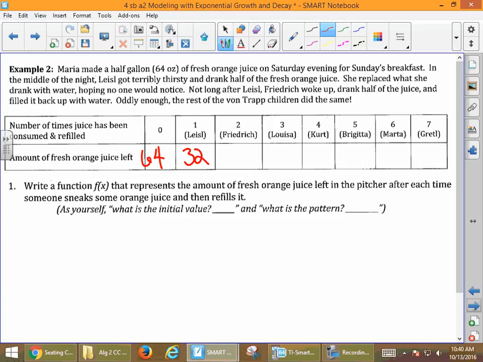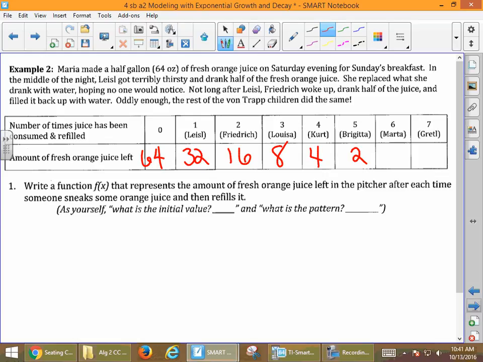And then how much is left after Friedrich drank the orange juice? 16. And how much is left after Louisa? Tiffany? And then after Kurt? That's like 4. But you might be ahead of me, because now it's going to be 2. Then Marta?